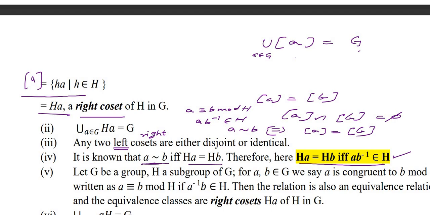Here in the case of groups, we have HA equal to HB. But in ring theory, you will have the cosets of the form A plus U, B plus U. So in that case, we will say that A minus B belongs to U. And in the same way, in the case of vector spaces also. So we cannot just go away from this property, because it will come in again and again.